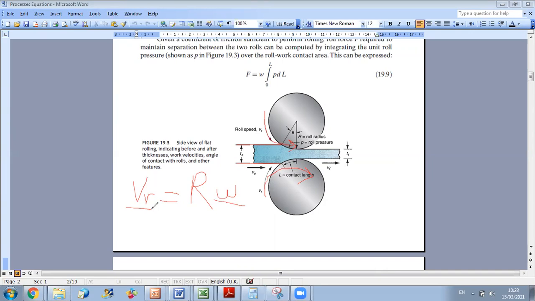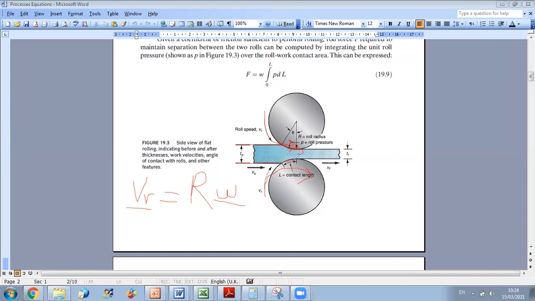Okay. Now, what will happen is that because of contact between the rolls and the plate, as you can see here, you have a contact area. You will have certain pressure forces exerted from the roll on the plate, and due to these pressure forces, you will create a certain friction force in the tangent direction between the roll and the plate.